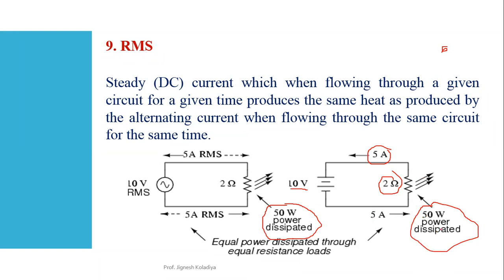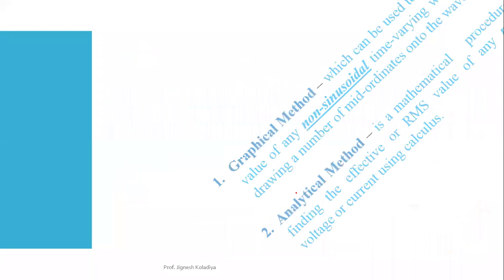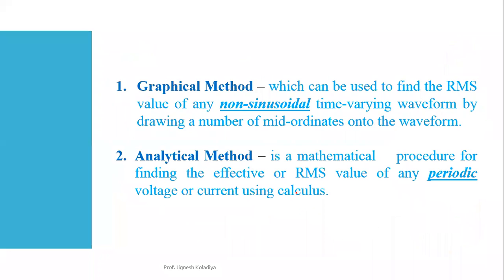Now I have to dissipate the same power, that is 50 watt, and I have to apply the value of current for 5 minutes only, and find the value of voltage, meaning at what voltage during 5 minutes I get the same heat. That is my RMS value of AC, which is equivalent to the DC. We can find it by using two methods, graphical and analytical method.